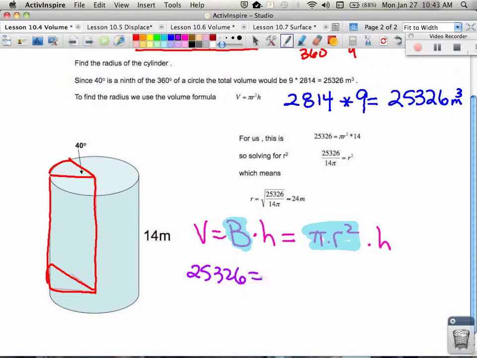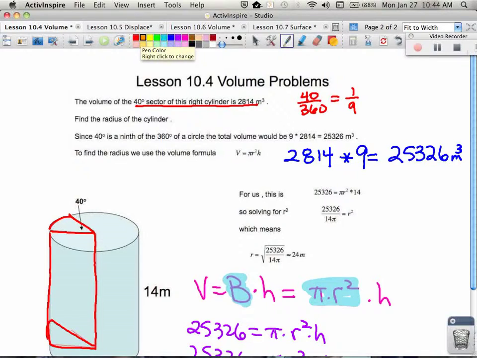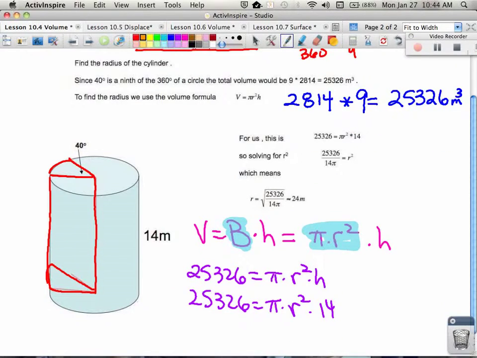25,326, is going to be equal to pi times my radius squared times my height. So I have 25,326 equals pi times r squared, which I'm looking for so I can't do anything with that yet, times the height of this cylinder, which is 14. In order to solve this, I'm going to divide both sides by whatever's with the r stuff.